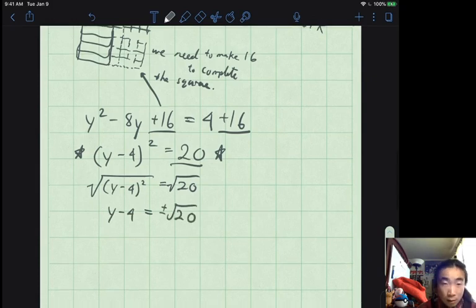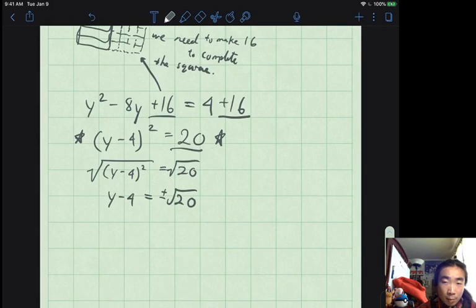So here, the plus or minus, positive square root 20 or negative square root 20, comes from this side. When you square something, regardless of whether whatever you're squaring is positive or negative, the end result is going to be positive. So we could have started with negative 20 squared, which is 400, and then taken the square root, and we get 20 at the end.